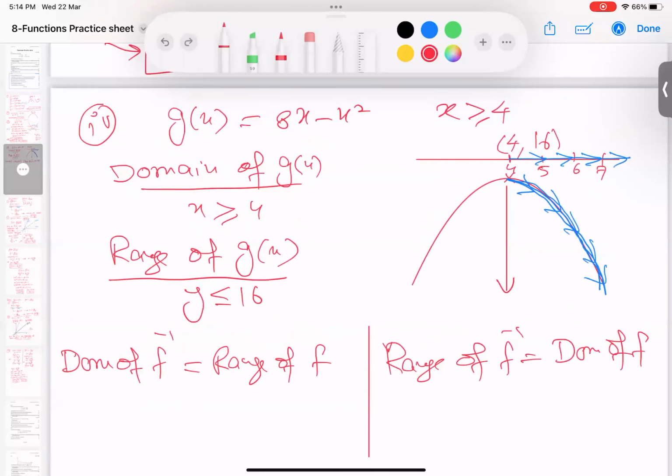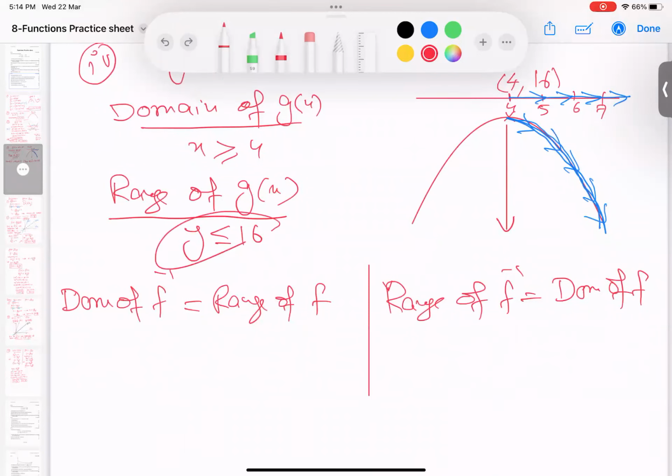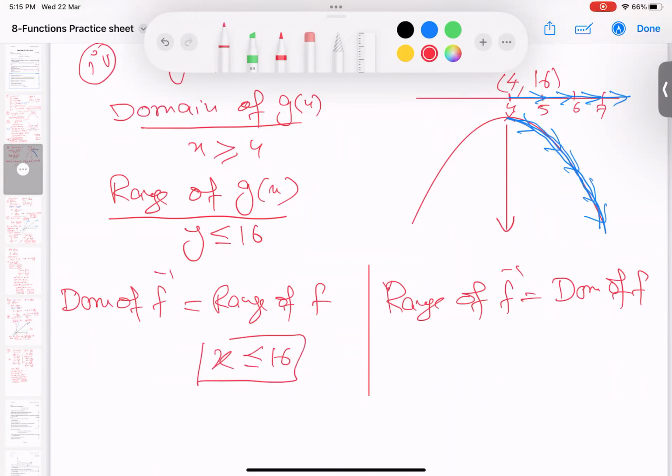So let's start. You know it very well, I hope so. Now you understood why I wrote this thing separately. So now look here. The range of the function, I got it just now: y is less than or equal to 16. So the same value I will copy here. But as we talk about the domain, y is replaced by x. So Alhamdulillah Rabbil Alameen, I believe you got the point very clearly. This is my answer.